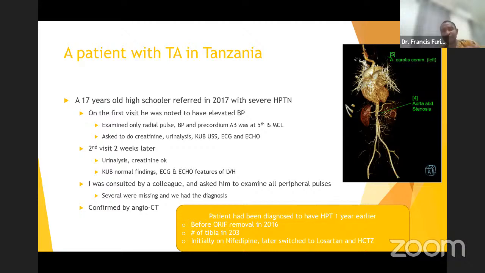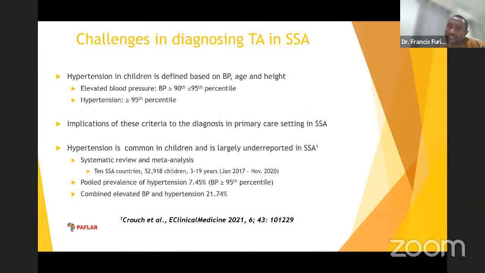So there are several challenges facing us in diagnosing Takayasu arteritis. Of course, we know that hypertension is the most common presentation. And it is defined in a very complicated way, because in children you have to look at their blood pressure, their age, and their height. As you all know, children come in different shapes, sizes, and ages.